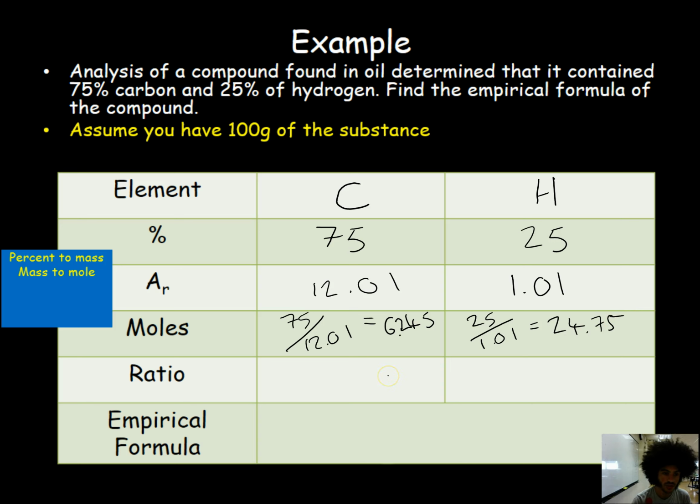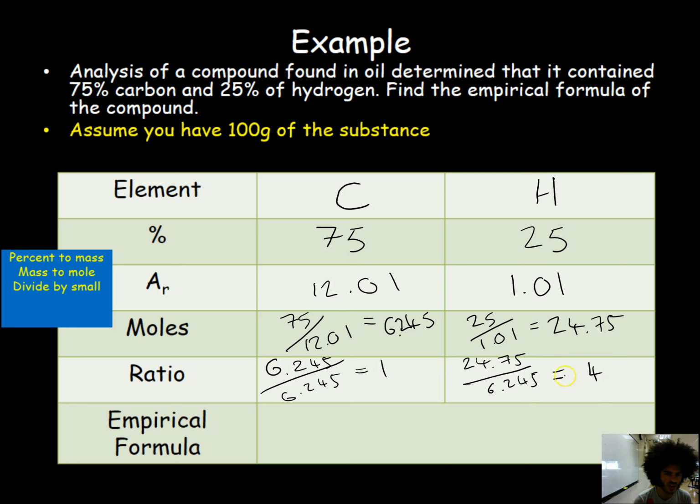Okay, now I have to do divide by small. Now the smallest number here between 24.75 and 6.245 has to be this one. So I'm going to divide by that number, which equals 1. And I'm going to do the same thing on this side, 24.75 divided by 6.245, which I believe is 4.